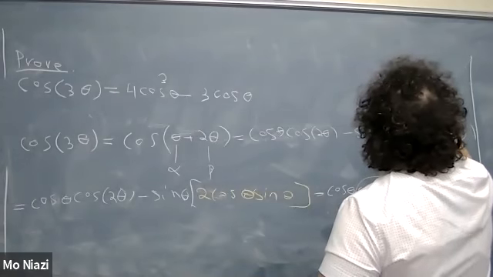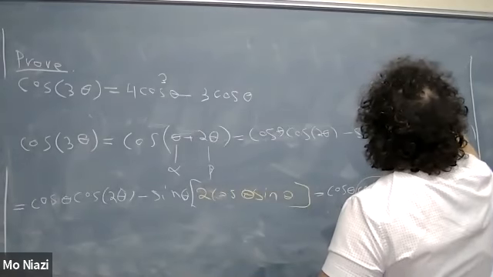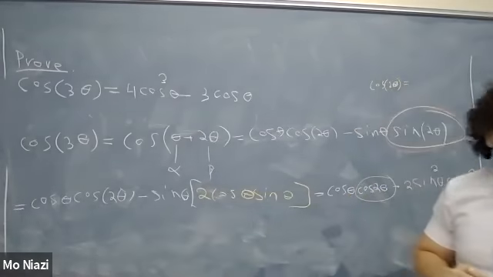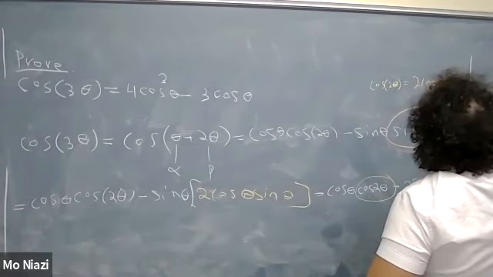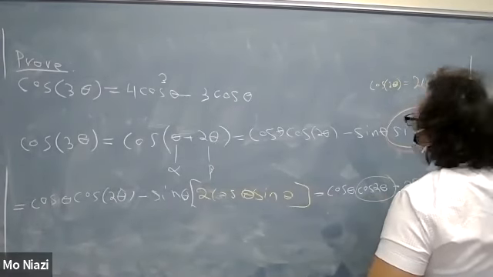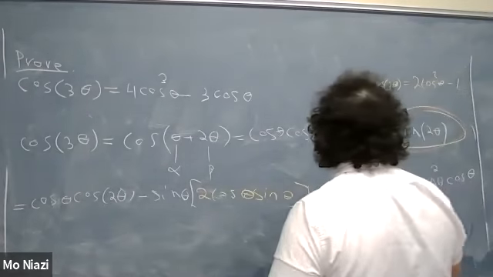Oh, that was it. Cosine of 2 theta was the same thing as, let's look back in the past, 2 cosine of theta squared minus 1. So I can directly substitute that here.